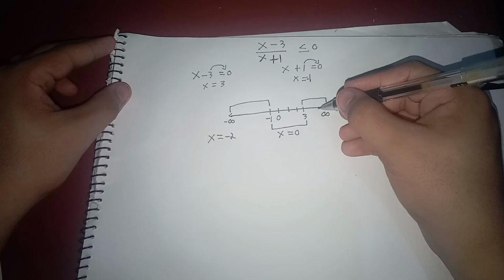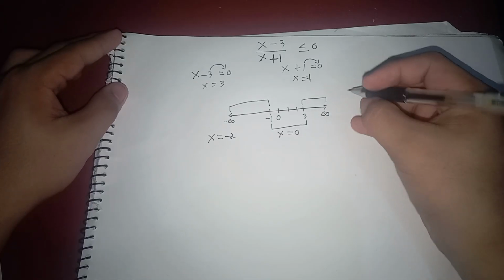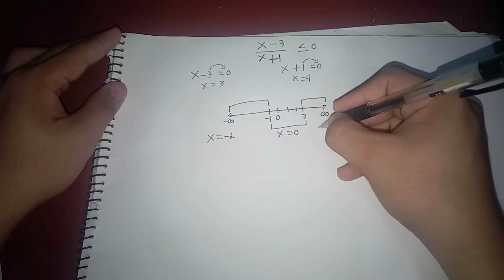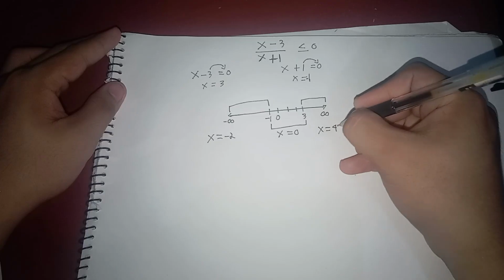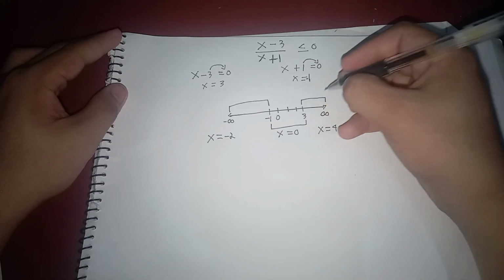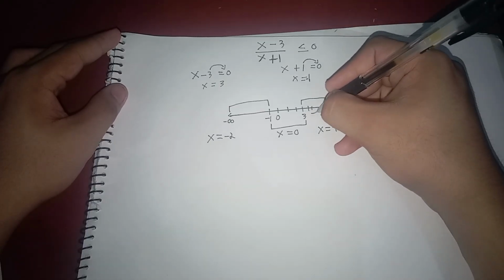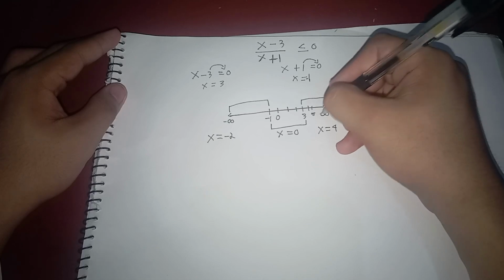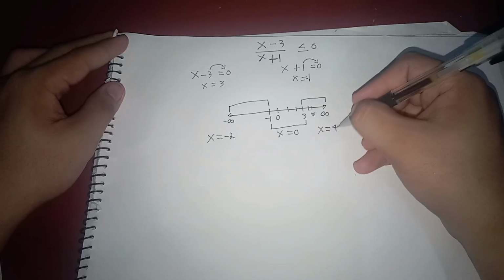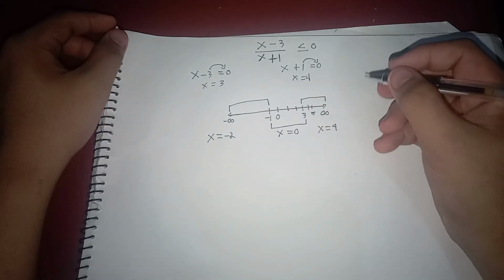Then at this side I'm gonna pick positive 4. You can pick any number, or you could pick 5 or 6, but I'm just gonna choose 4 because it's much easier to solve.